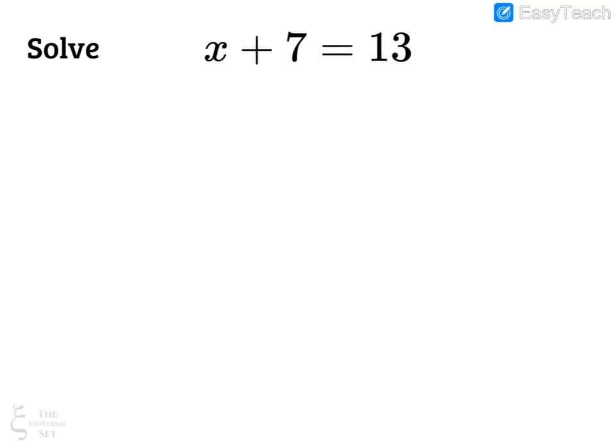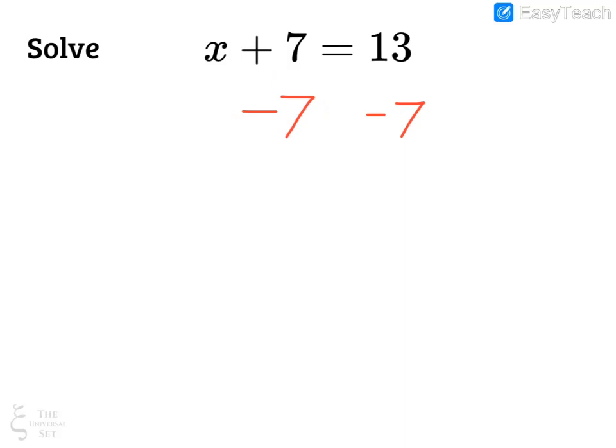So we talked a little bit ago about inverses, didn't we? So I'm going to have to do the inverse of adding 7. And what is the inverse of adding 7? Well, it's subtracting 7, isn't it? So I'm going to have to subtract 7, and I'm going to do the same to both sides. I'm going to write it like this. Because over here, I had an x and a 7, but I'm going to take away that 7.